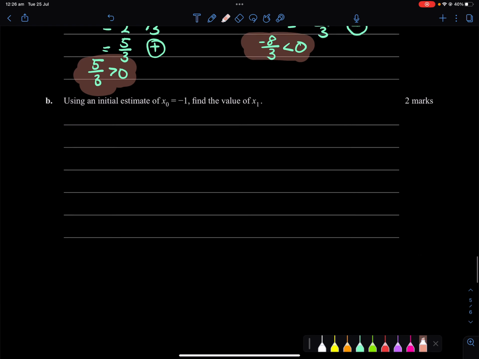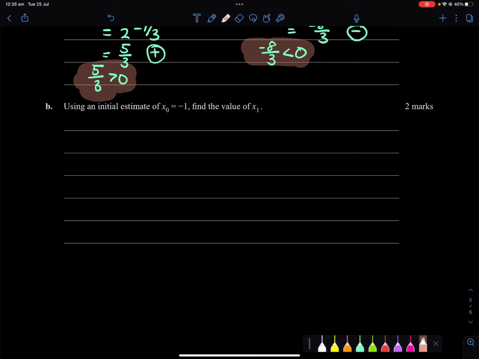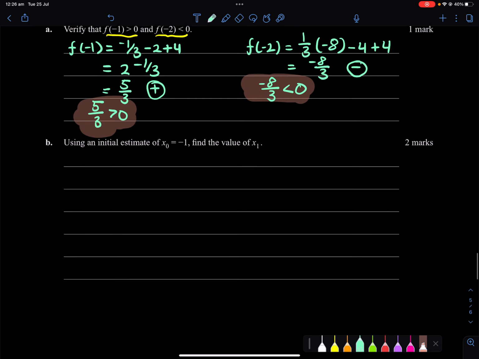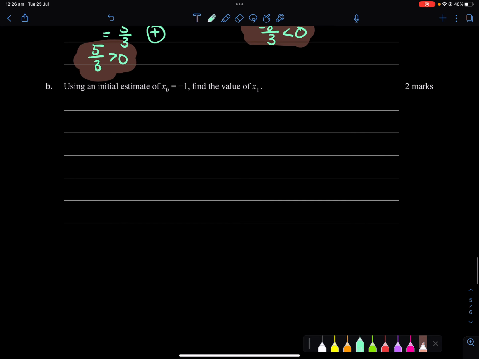Now, using an initial estimate, x0 equals -1, find the value of x1. Okay, so now we're using Newton's method to solve this one. So you should know the formula: x1 equals x0 minus f(x0) over the derivative of f at x0.